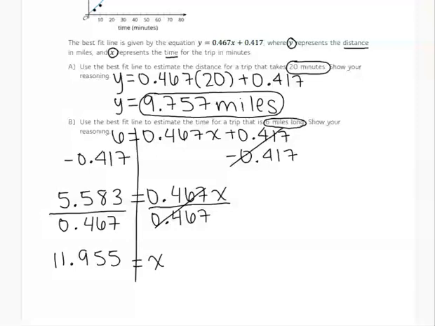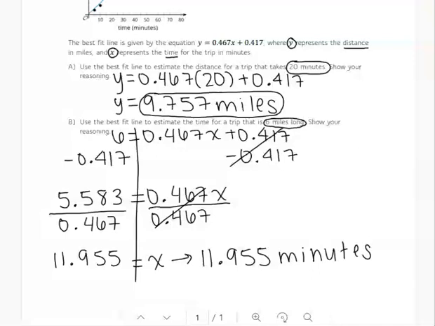So 11.955 equals x tells us that a trip that is 6 miles long can be expected to take about 11.955 minutes, which is about 11 minutes and 57 seconds.